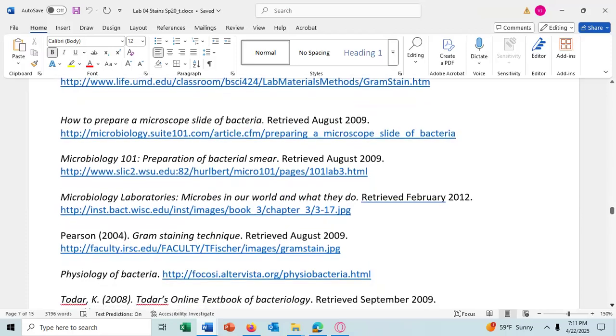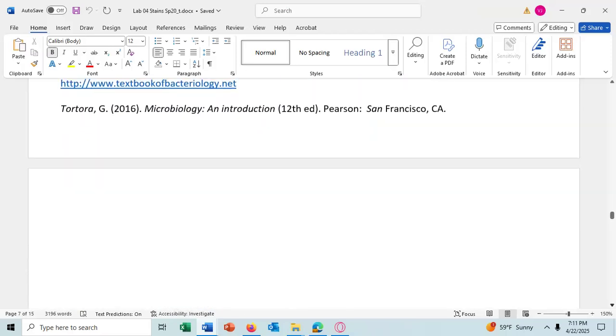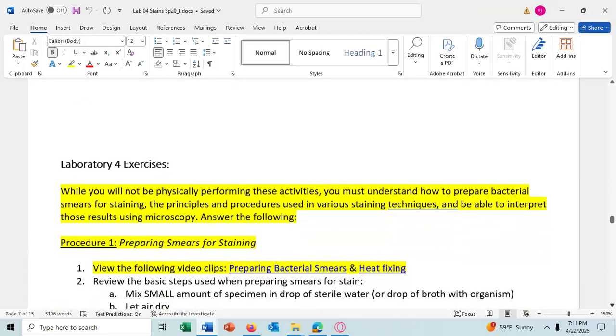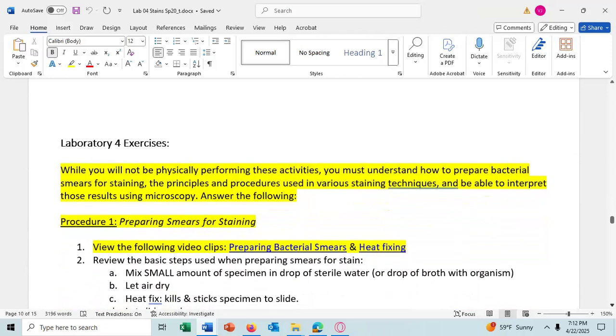References you can skip. Well, you're not physically going to be performing any of these activities. Everything will be online, although we do have a virtual lab today. You must understand how to prepare bacterial smears for staining, the principles and procedures used in the various staining techniques, and be able to interpret those results using microscopy.